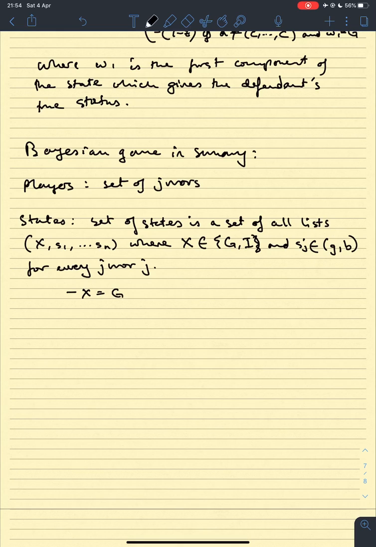And X equals G means the defendant is guilty, and X equals I means the defendant is innocent.